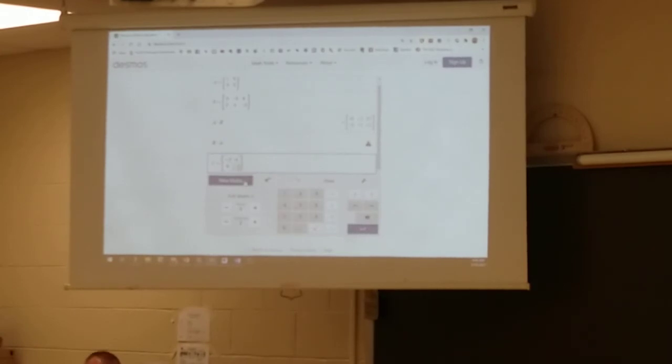I can type matrix C in, and then I can proceed to do 2a minus c. Make sure you use the keypad. Desmos needs those symbols. You can't just use your keyboard and type A. You have to use the little keypad on the computer screen.